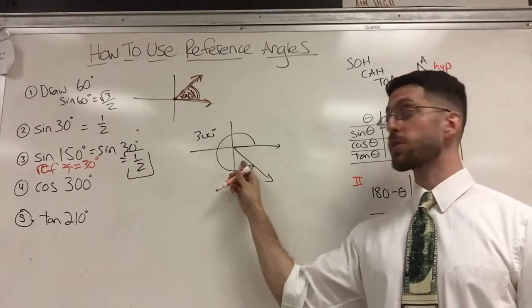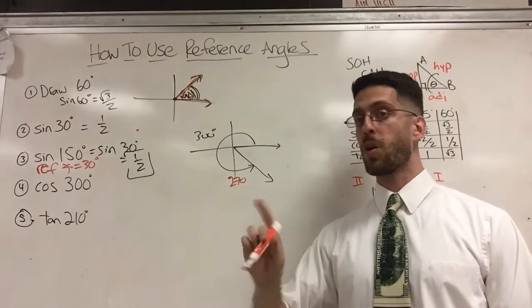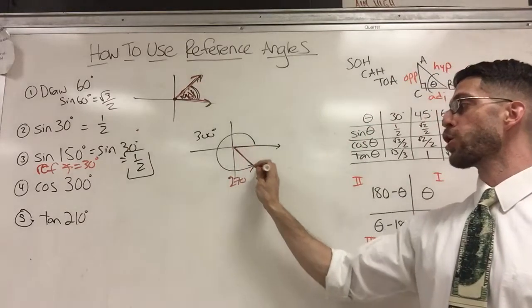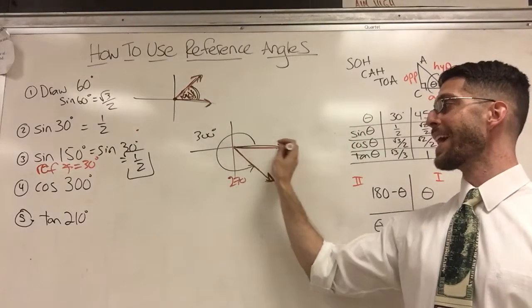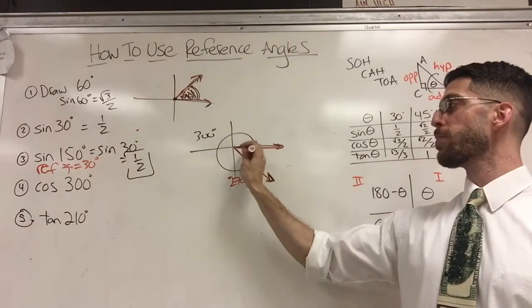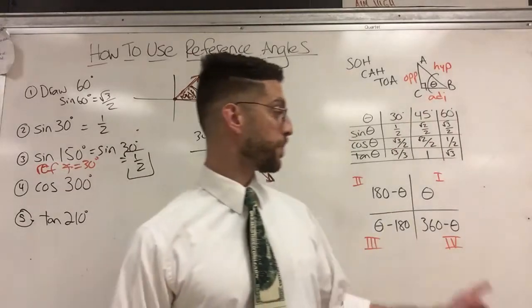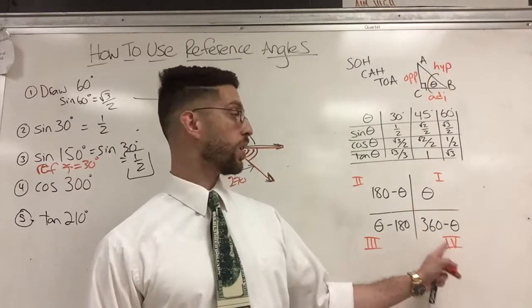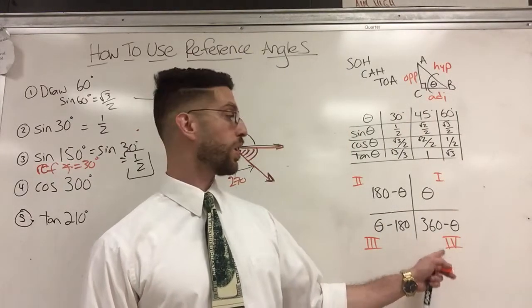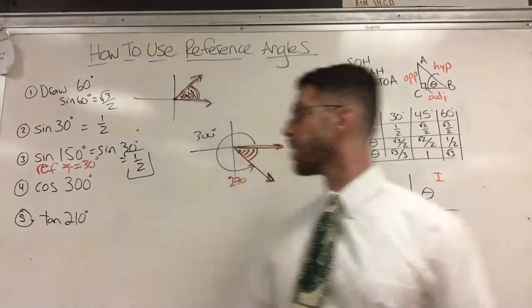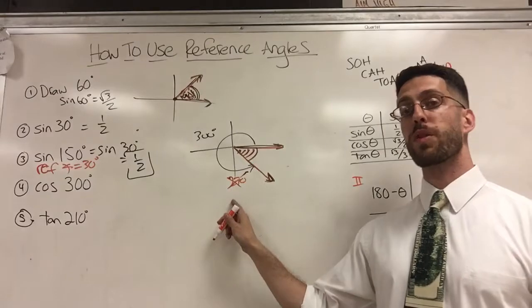And they find the difference between 300 and 270, which is not correct. The reference angle is again formed by the terminal side and the x-axis. So it's this space here, that orange space there. And that comes from, since it's a 4th quadrant angle, that's 360 minus theta. Notice I never use 270 to find the reference angle.